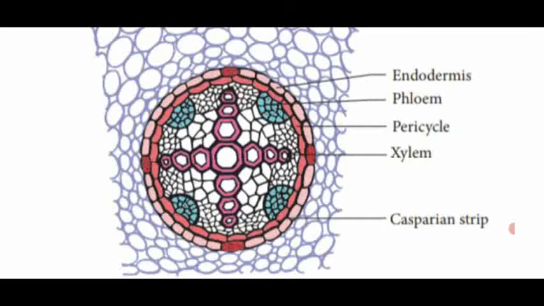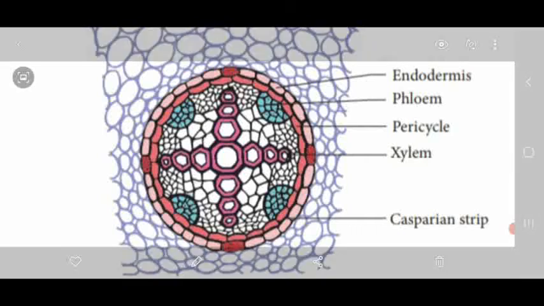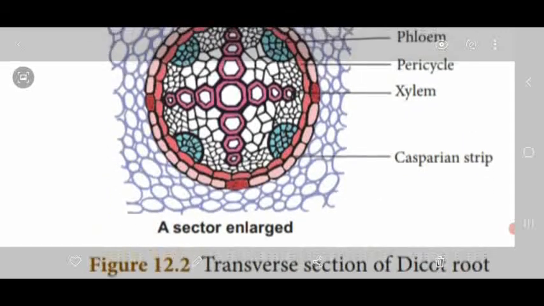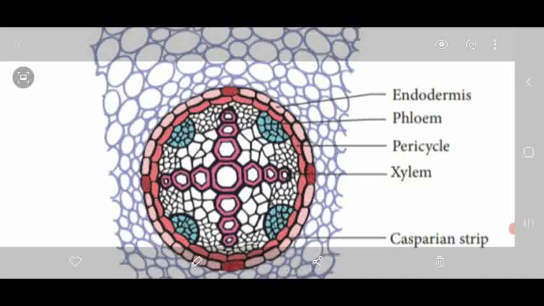Normally, at the center they have the pith region, but this is an old root, so the pith is absent in the stellar region. This is said to be the transverse section of dicot root.